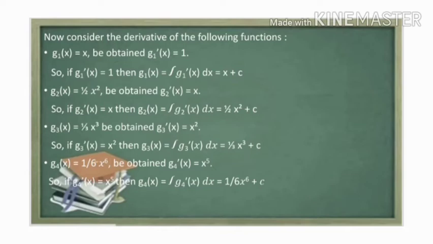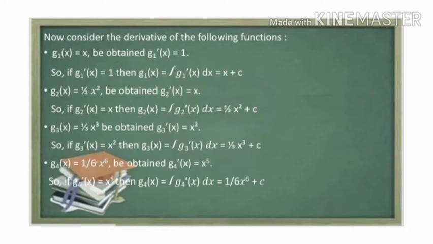So, if g2'(x) equals x, then g2(x) equals integral g2'(x) dx equals half x squared plus c.